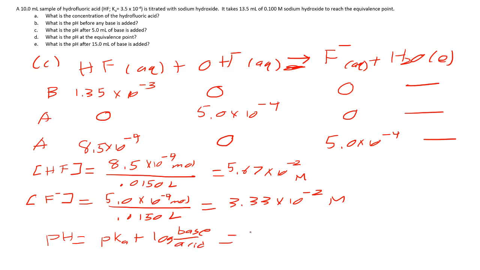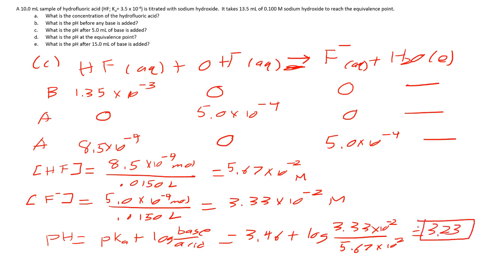And that's going to be equal to 3.46 plus the log of base, remember that's our F minus, so 3.33 times 10 to the minus 2 over 5.67 times 10 to the minus 2. We plug all that in, and we get a pH of 3.23.